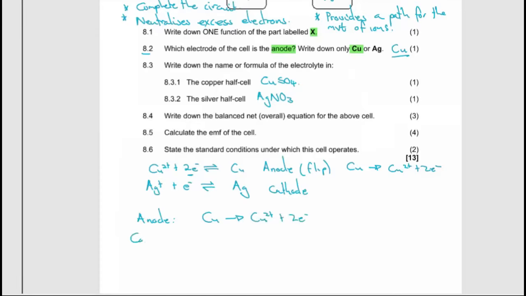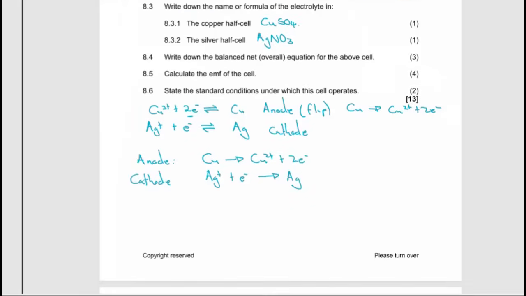Then what is happening at the cathode, we're going to write as this: Ag+ plus an electron gives Ag. Now, to write the overall balanced net cell equation for the above cell, I need to balance the number of electrons.